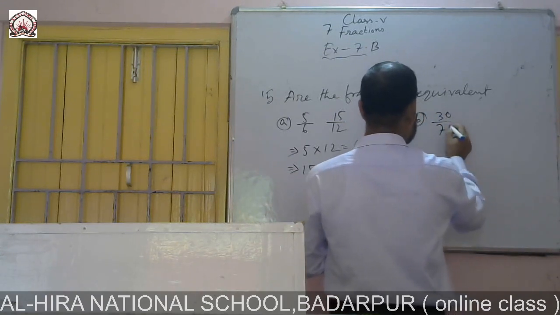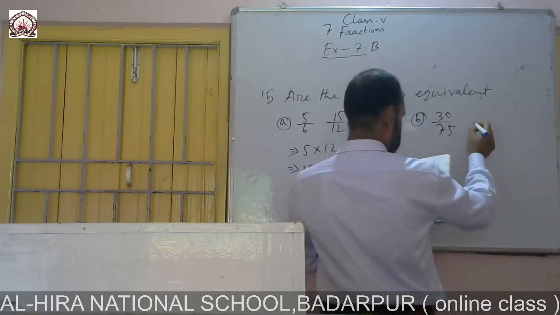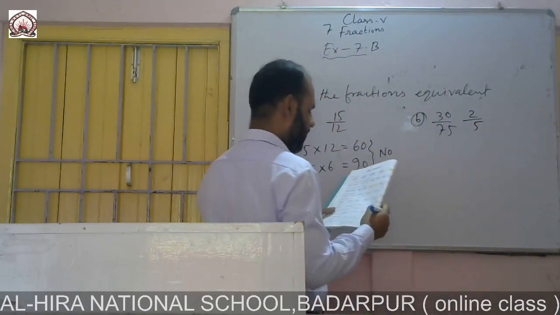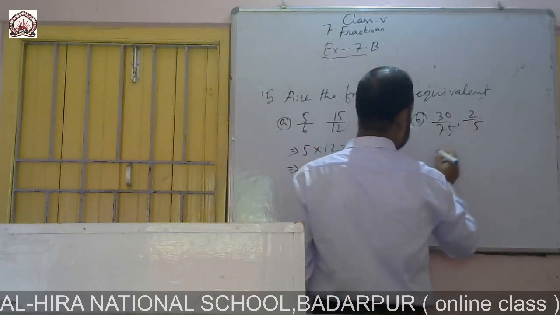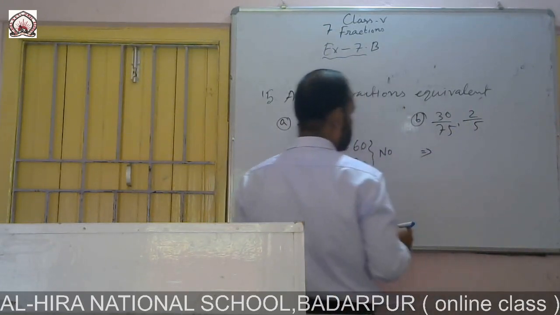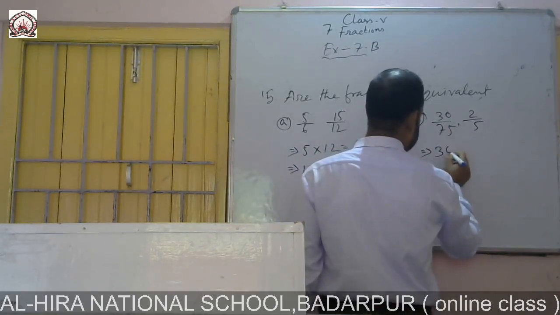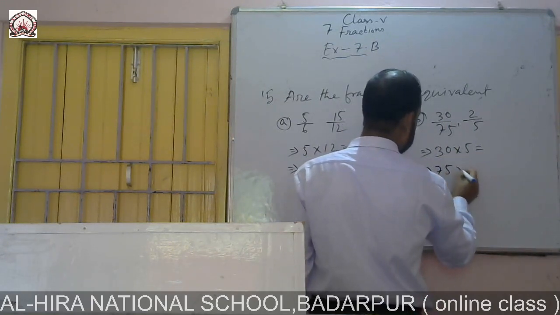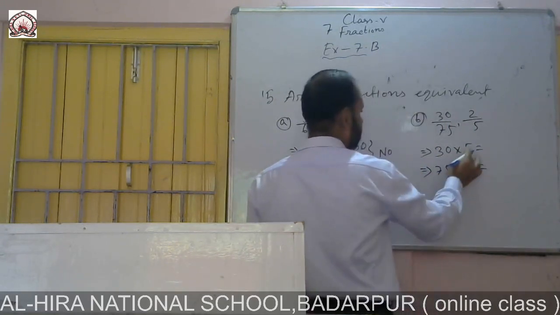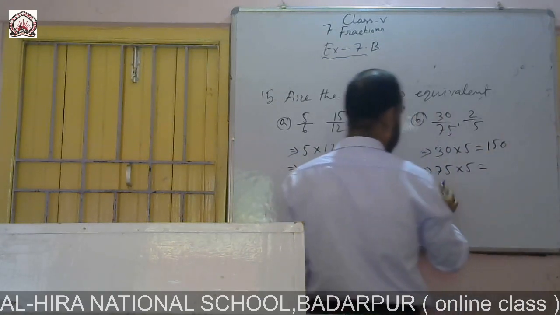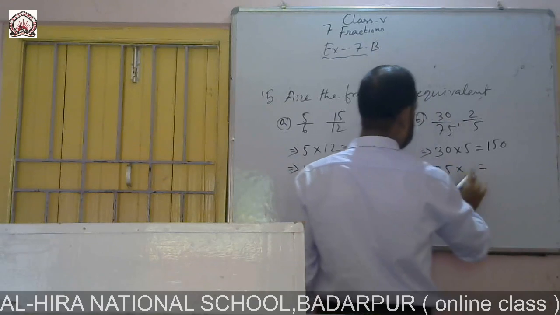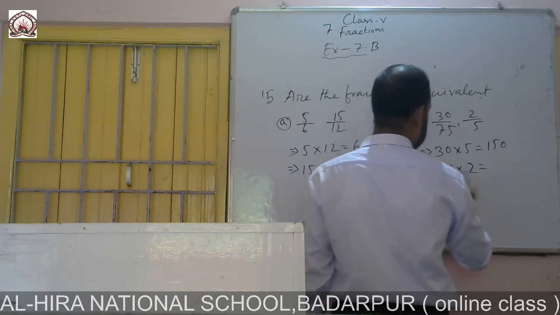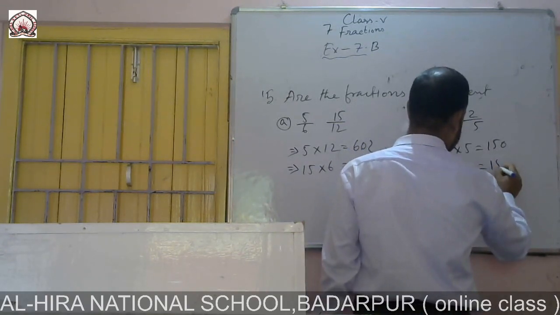Next question number B, 30 by 75, 2 by 5. There also we do cross multiplication. 30 into 5, 3 5s are 15, that means 150, and 75 into 2, 75 2s are 150.